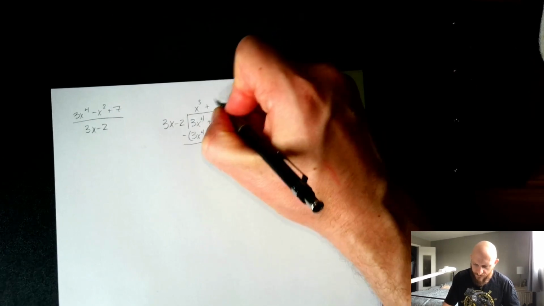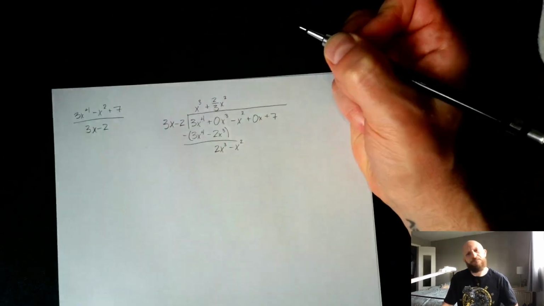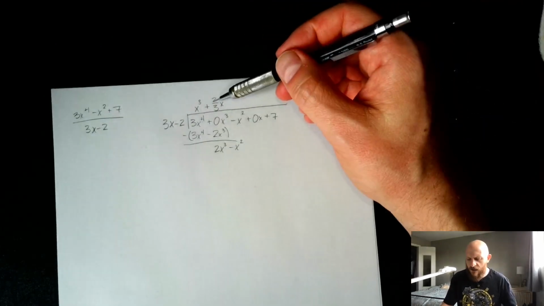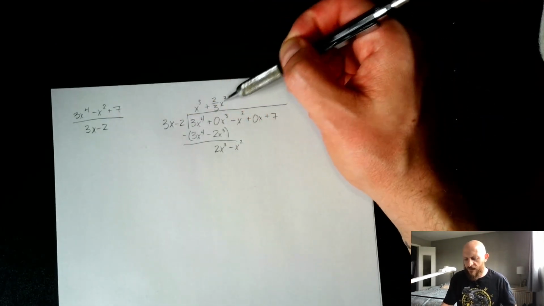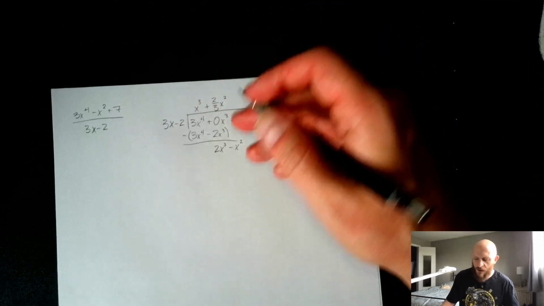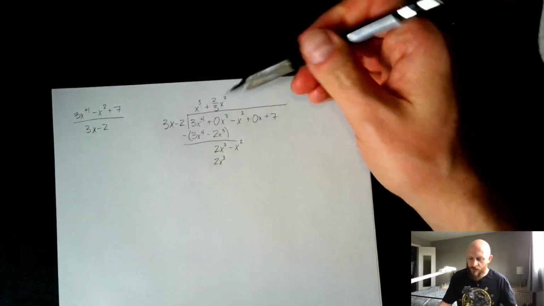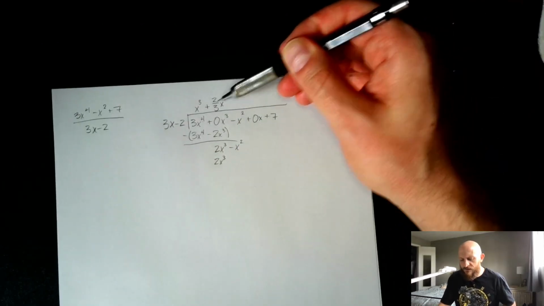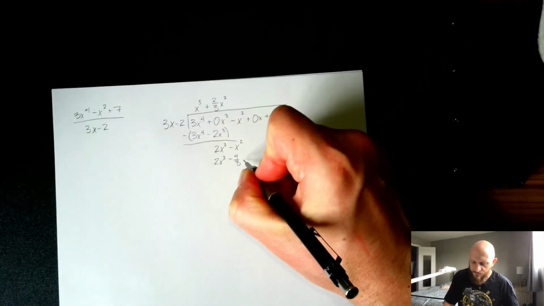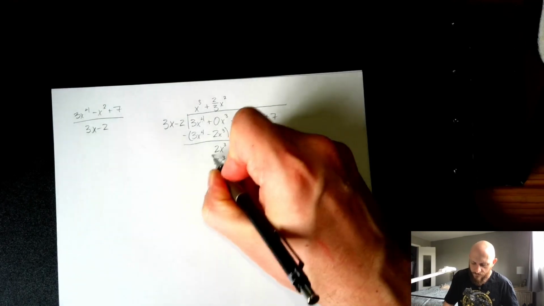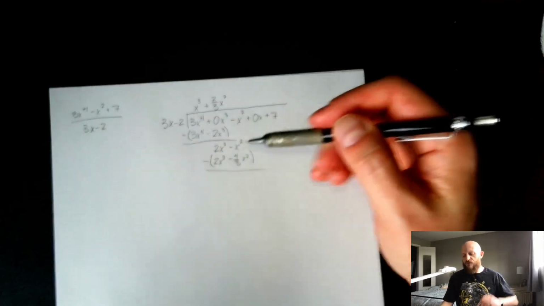So plus 2/3 x squared. 2/3 x squared times 3x becomes 2x cubed. 2/3 x squared times negative 2 becomes negative 4/3 x squared. Subtract down. 2x cubed, those cancel.